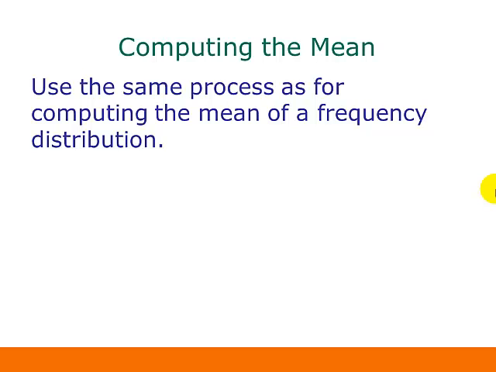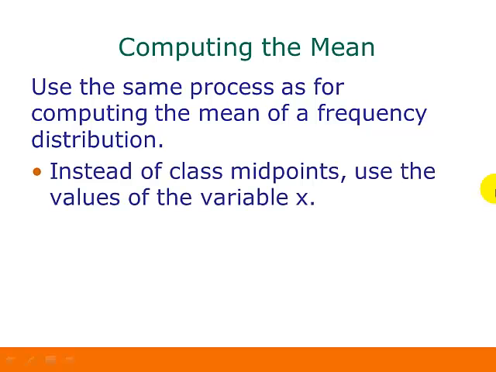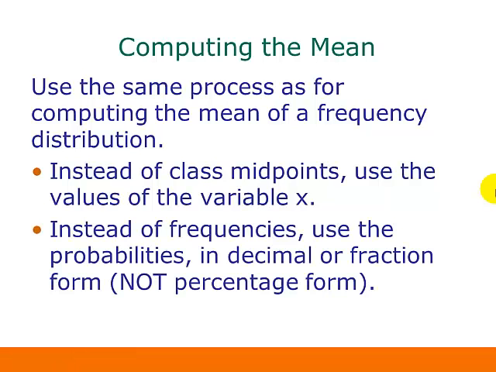Now to actually compute the mean, we're going to use basically the same process as we did for approximating the mean of a frequency distribution. The difference here is that instead of class midpoints, we're going to use the values of the variable x, and instead of frequencies, we're going to use the probabilities in decimal or fraction form, not in percentage form.